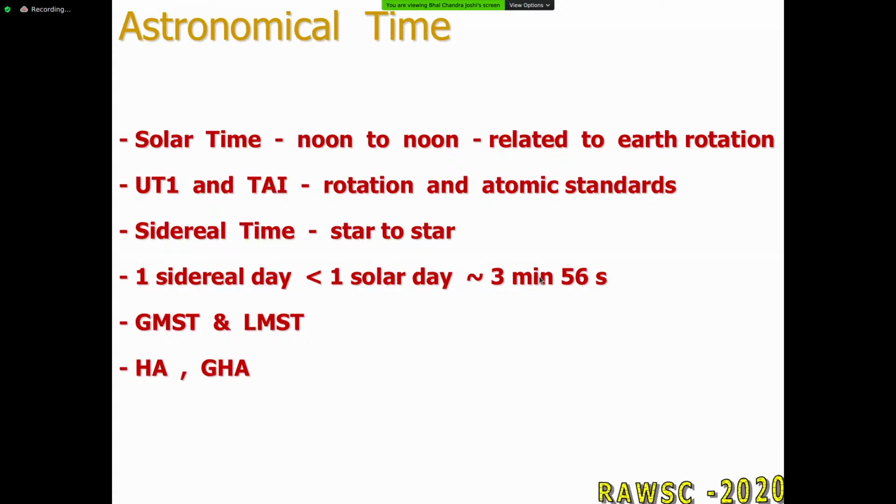So if you want to observe a particular star at its transit, that transit will happen every day at a different point of time, right? So that needs to be accounted for. And the way it is accounted for is by defining a coordinate called hour angle. Okay.